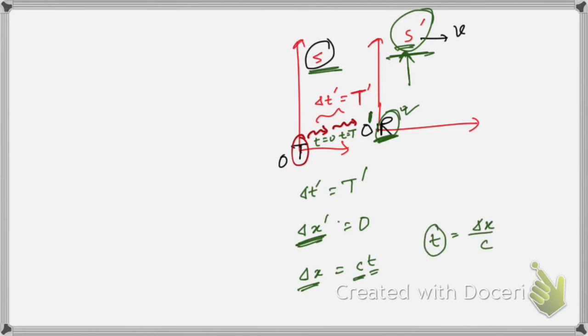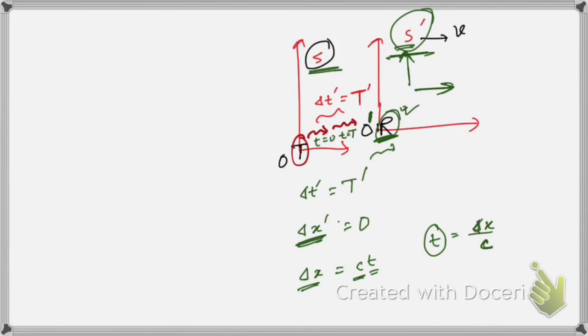because in time t this is moving forward, and after receiving the first pulse, the time taken by the second pulse will be t is equal to dx by c.